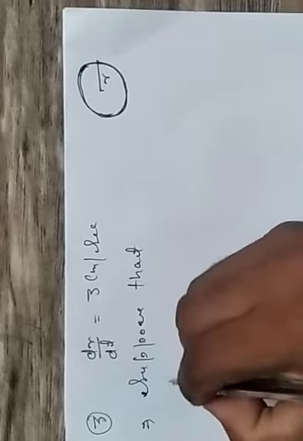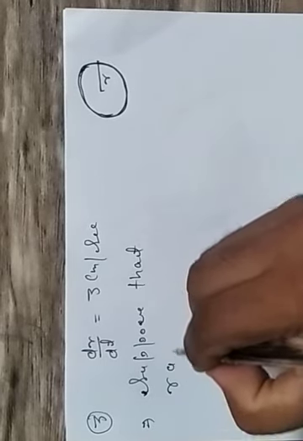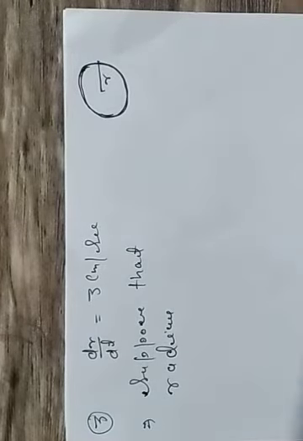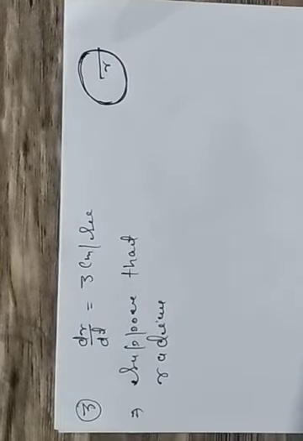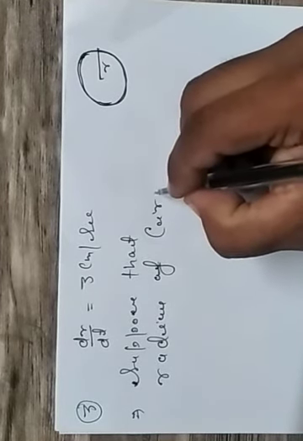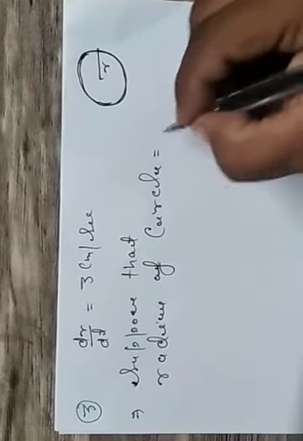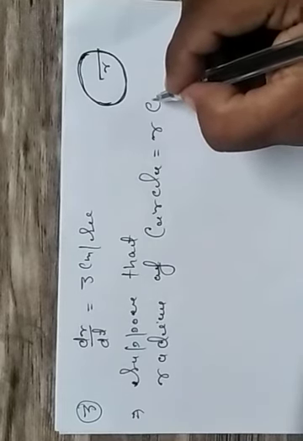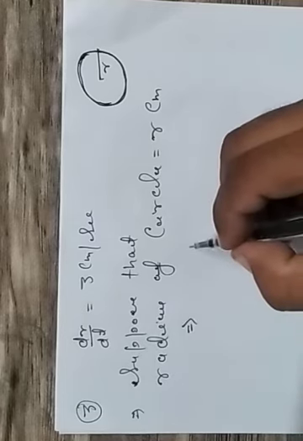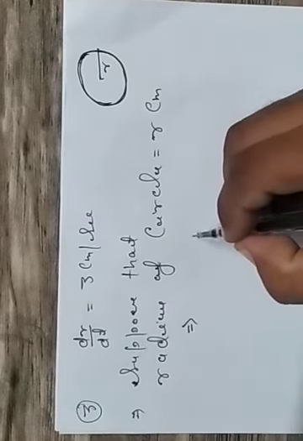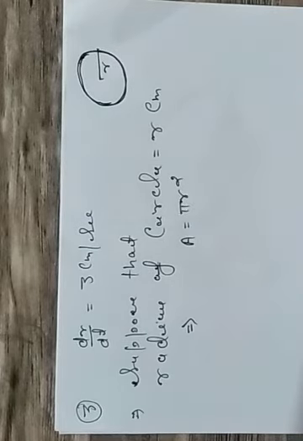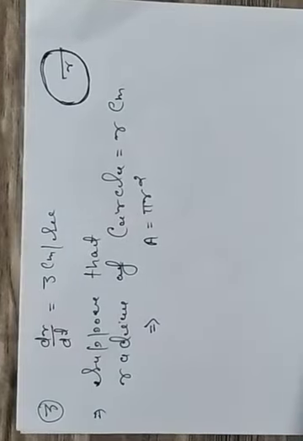So firstly suppose that radius of circle is equal to r centimeter. Now we know formula, area of circle A is equal to pi r square.